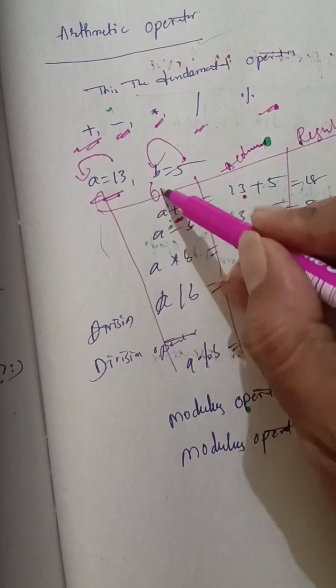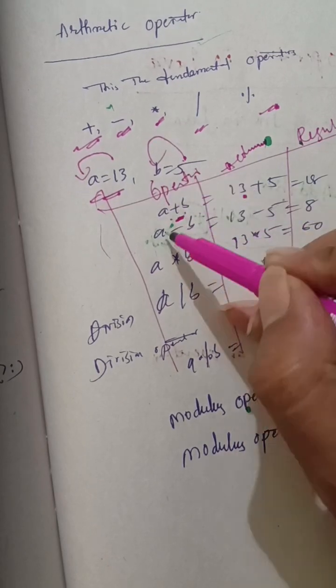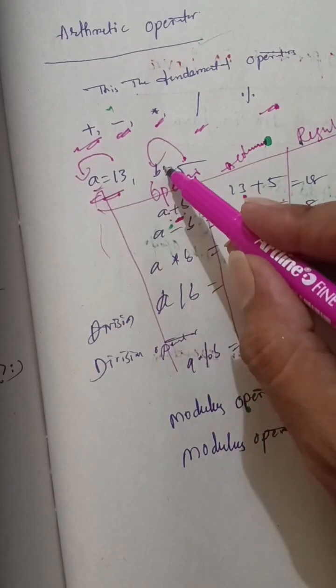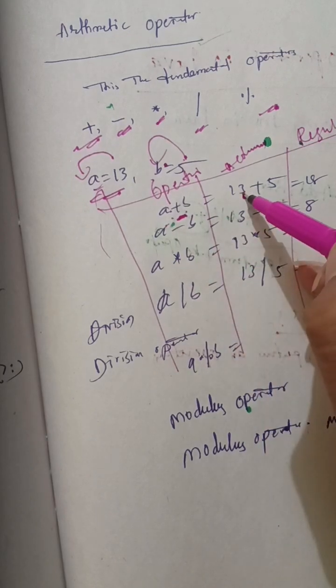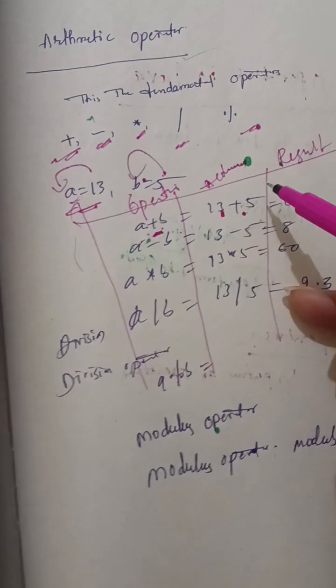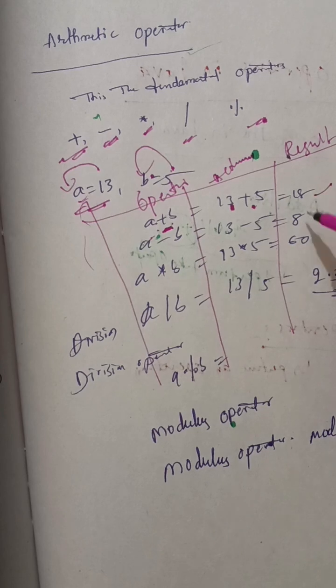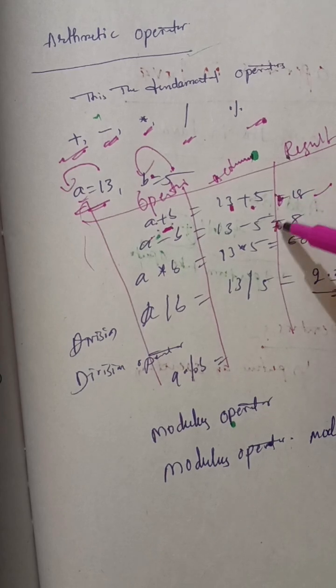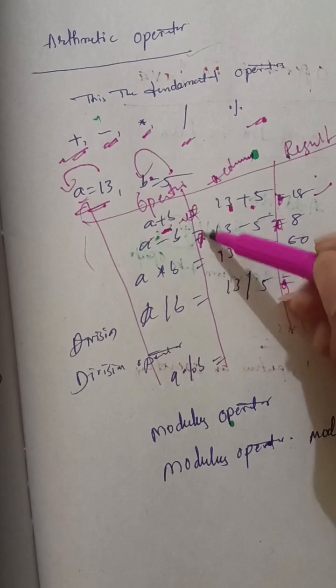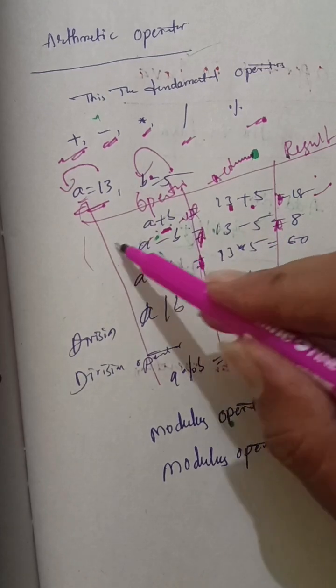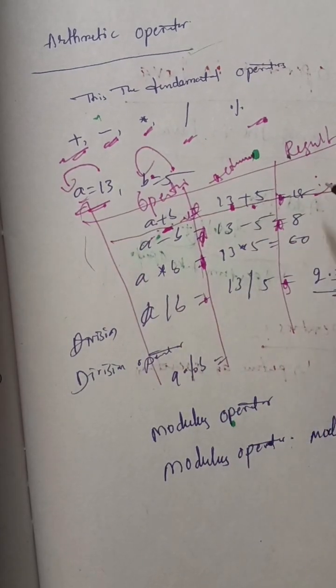The variables a and b we have already taken. A plus b: a is already 13, b is 5, so the result is 18.